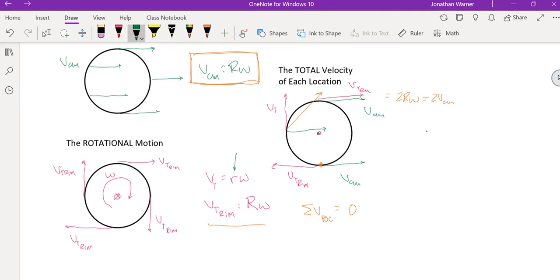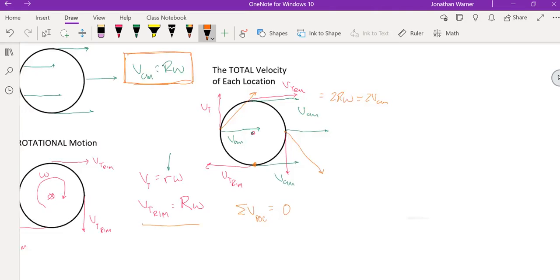The Pythagorean theorem says that is radical 2 times the center of mass speed. This place here is moving downward, but also to the right. So this place is doing that. Different locations on a rolling object instantaneously are moving in different directions.